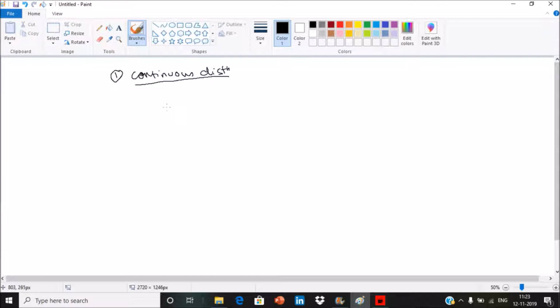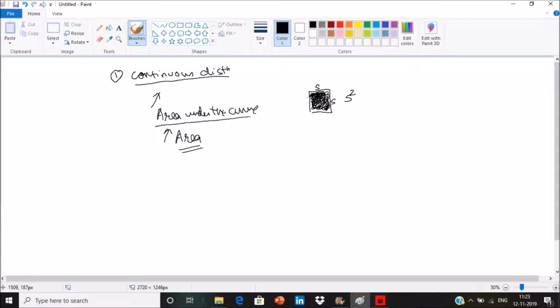So what do we mean by a continuous distribution? To understand this, we need to understand what the area under the curve is, and to understand that, we need to understand what an area is. If you look at a square, the area would be anything lying between the borders of the square, and the formula for that is side squared, since both sides have equal lengths.